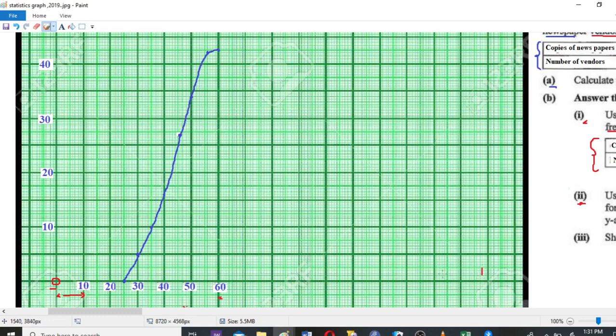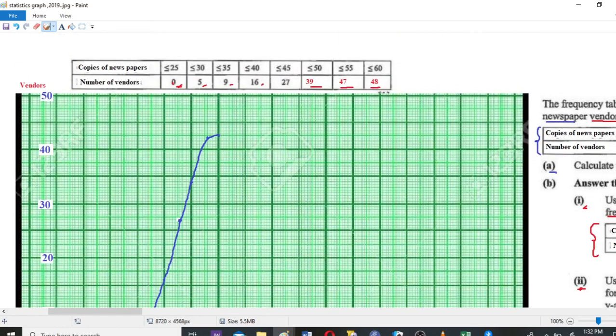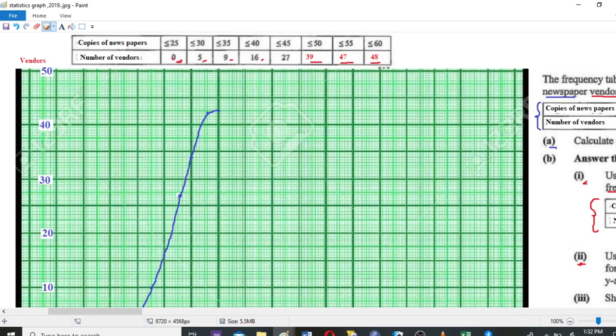So the first one that we have in the table is 25, 0. You need to remember that in the x-axis you have copies of newspapers, and in the y-axis you have vendors, which is our frequency. So 0 is in vendors, and 25 is in the x-axis, which is copies of newspapers.